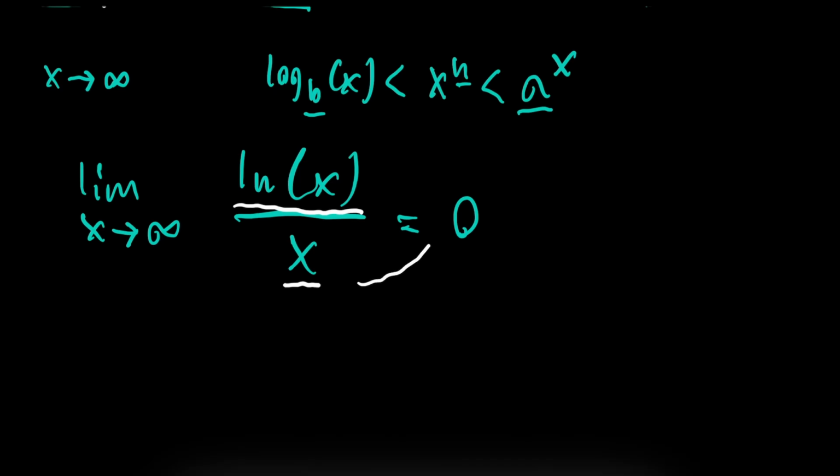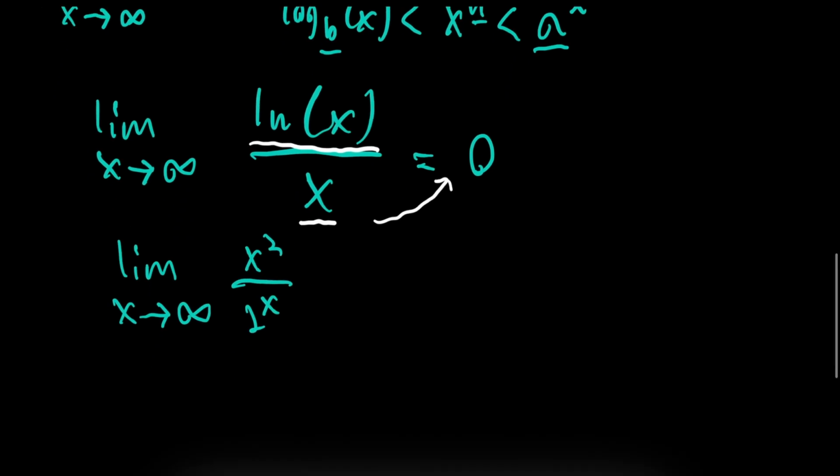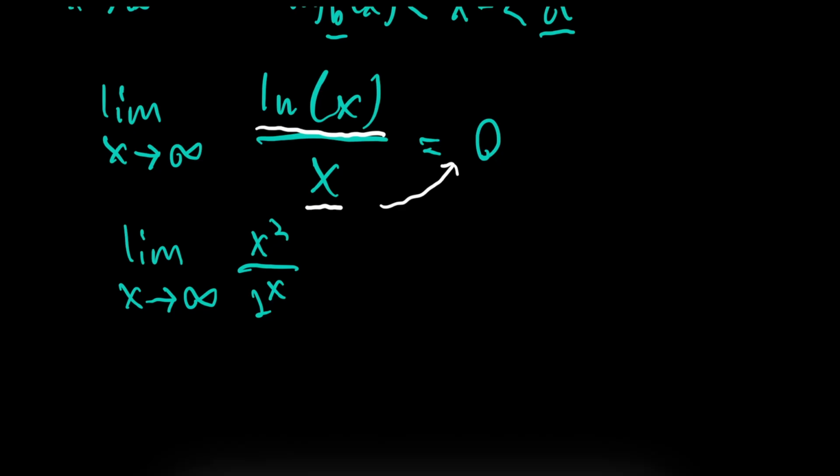So eventually it'll end up approaching 0. Limit as x approaches infinity of x squared over 2 to the x. This is interesting, right? You know immediately that this 2 to the x is going to grow a lot faster than this x squared over here. So this is also going to end up approaching 0.